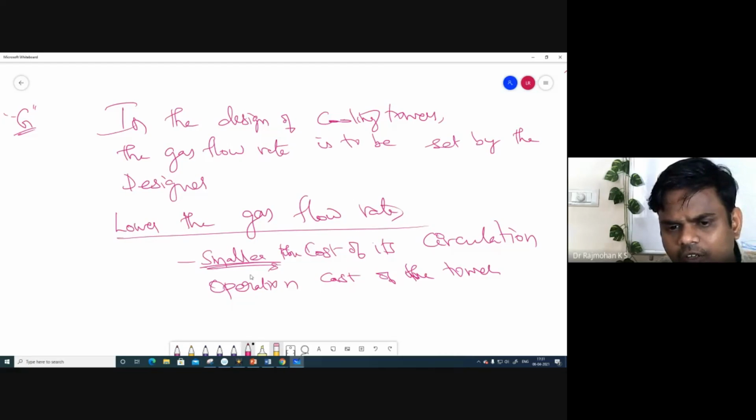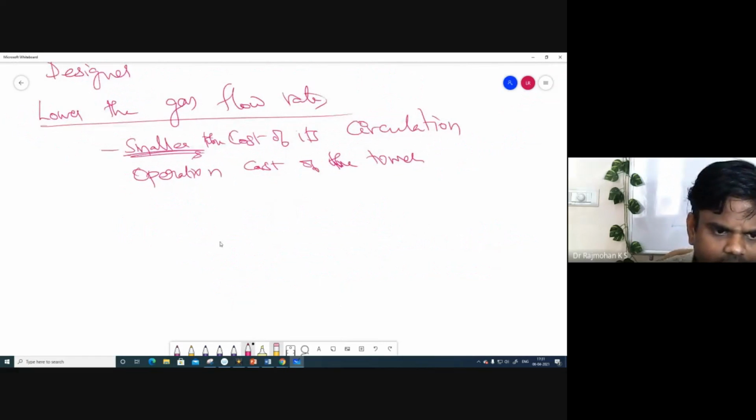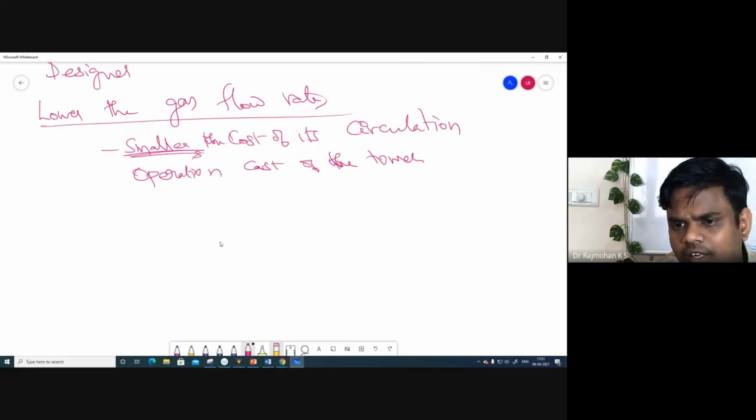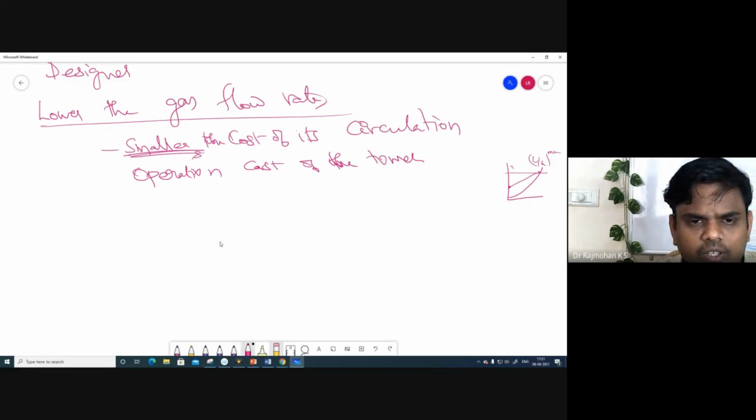But we cannot have a very low gas flow rate because we may have a constraint in that. So how to know what is the constraint corresponding to lower gas flow rate? We recall what we have learnt in absorption. We marked the equilibrium curve, we marked the point, and we drew a tangent line corresponding to the y1 value to get the L/G minimum, right? Same thing we are doing here also. So that is where we have to mark the equilibrium curve.